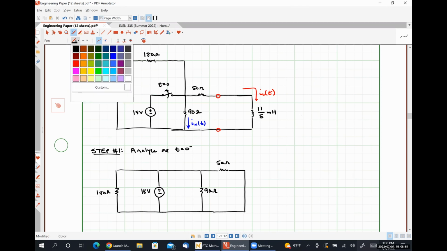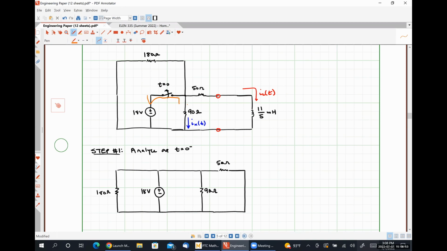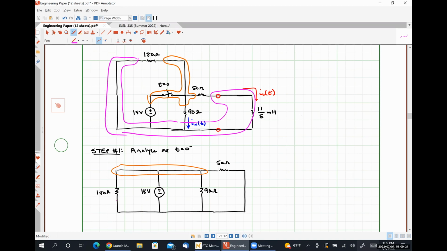So effectively, that thing I've circled in orange is supposed to be this node. And this thing that I've circled here in pink is supposed to be this node.